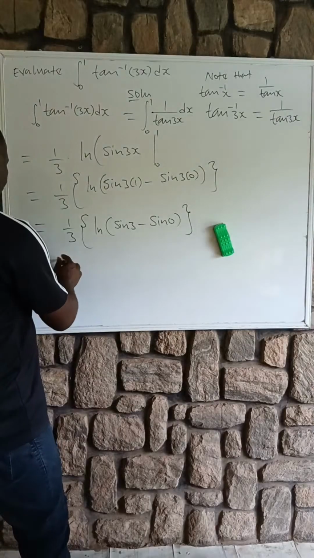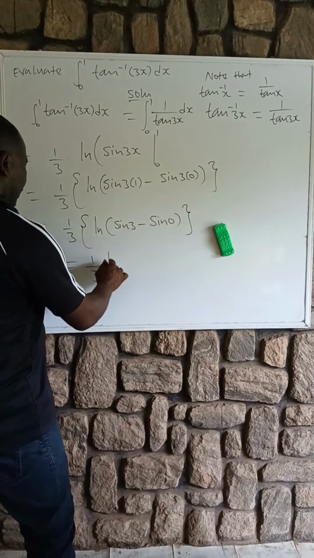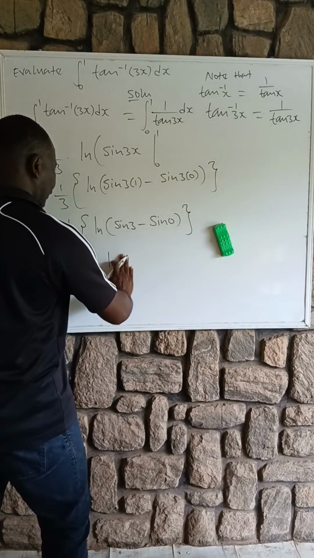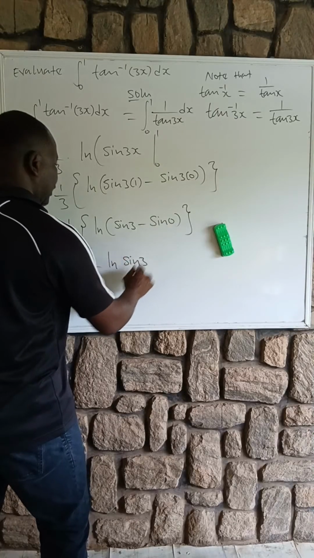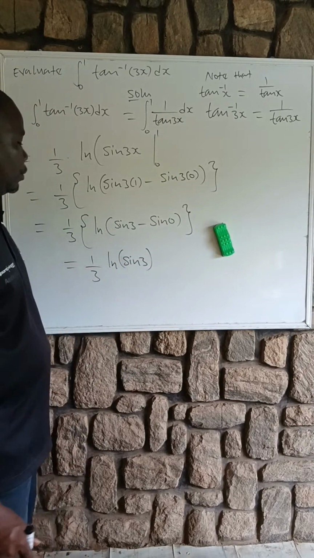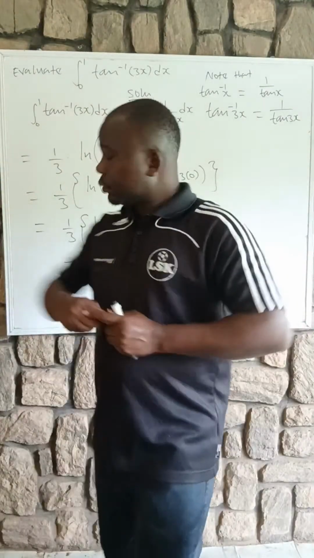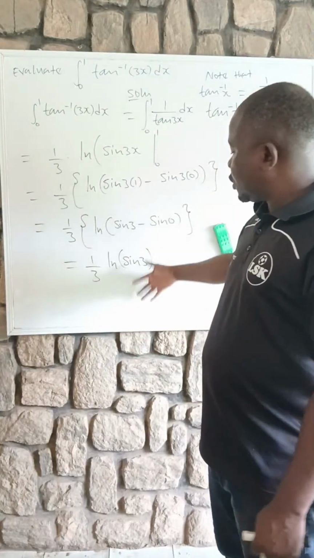So far so good. 1 all over 3 sine 3. Then this is what we are supposed to arrive at. Look at it. This is what you are supposed to arrive at.